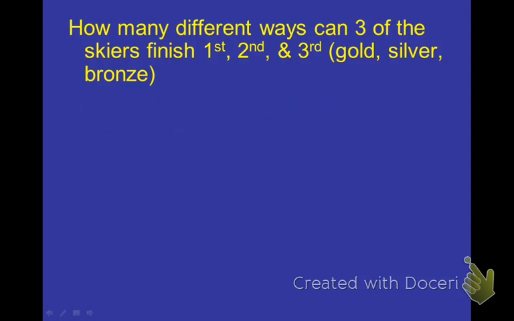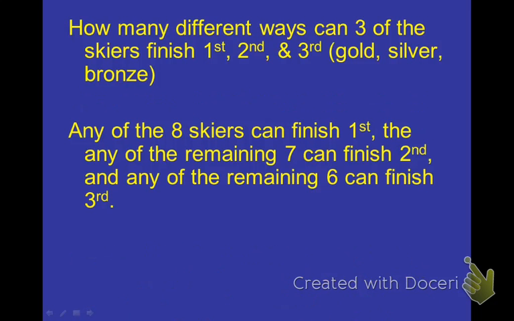Look at this next one. How many different ways can 3 of the skiers finish first, second, and third? So same problem. You've got 8 skiers. I'm not looking at how many different ways they can all finish the race. Only how many different ways can they get gold, silver, and bronze. Well, now I use that fundamental counting principle. How many spots do I have? I've got 3. Any of the 8 skiers can finish first.